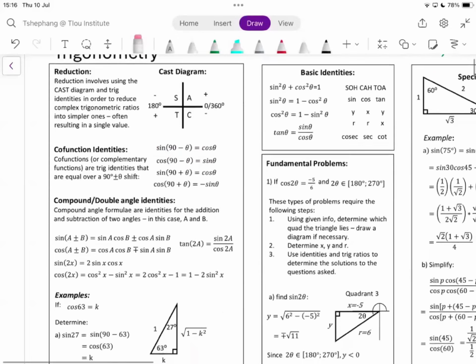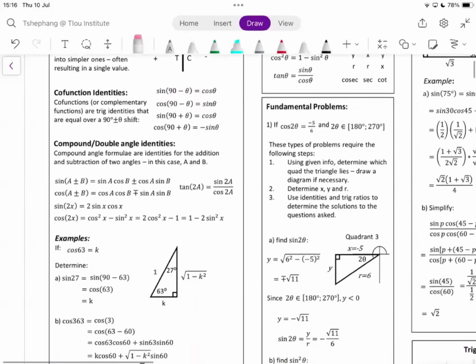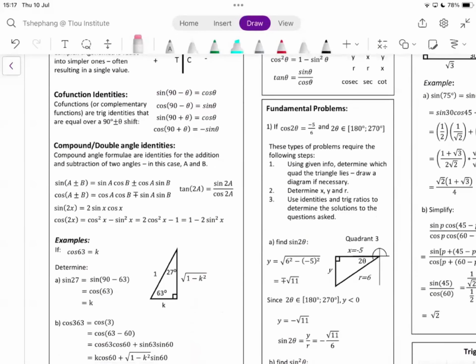Now, quickly moving on to compound and double angle identities. These ones are given on the formula sheet. You do not have to memorize, please try not to memorize these. You must just be comfortable with them. You must know which one you need to apply. What I did here is I just compressed them because of space.